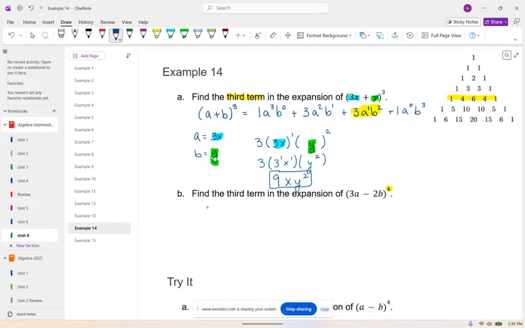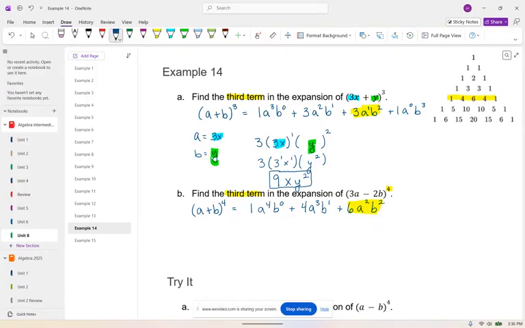In our (a + b) raised to the fourth, we would have 1, a to the fourth, b to the 0, plus 4, a to the third, b to the first, plus 6, a squared, b squared. Again, those add up to 4. And this is the third term, and we want the third term, so this is the one we're going to stop on right here.